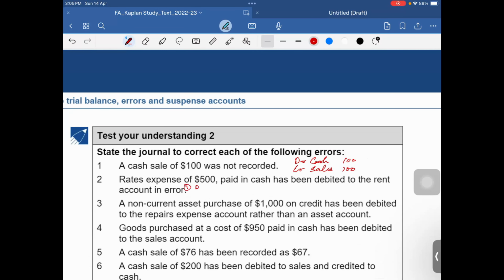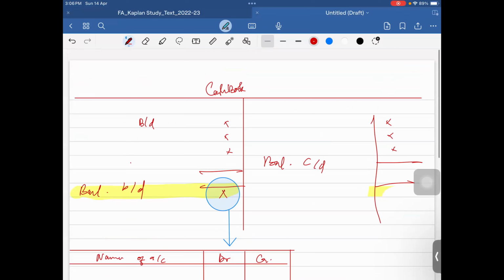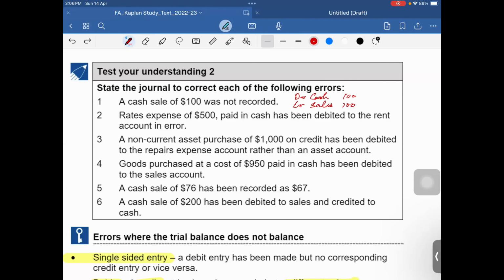That is the first. I'll just do it here. So the first journal entry is debit cash, credit sales, 100. The second journal entry, we're going to follow 3 steps.